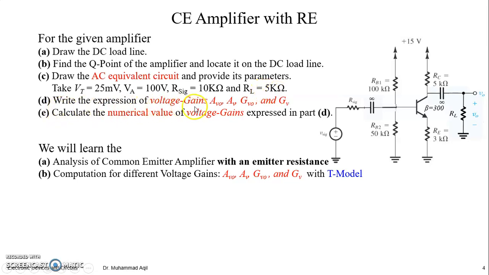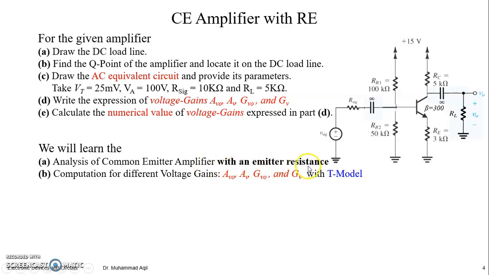Then write the expression of voltage gains Av0, Av, Gv0 and Gv, as we did for the previous amplifier. Now we have to do it with this amplifier having an RE. Then we have to calculate the numerical values of these gains expressed in part D, right? What's new we will learn in this lecture? We will learn how to analyze common emitter amplifier, right?